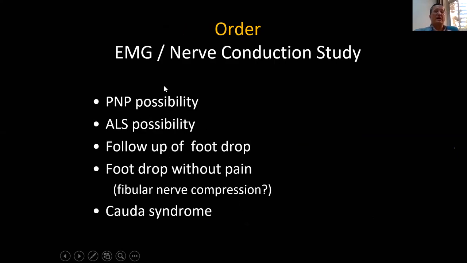But I order if there is a polyneuropathy possibility, if there is a possibility of ALS, if I am following up a foot drop, if there is a foot drop without pain because of estimation of fibular nerve compression, and in case of cauda equina syndrome, to follow them well. I order EMG in those conditions.